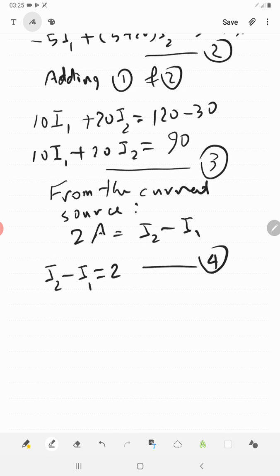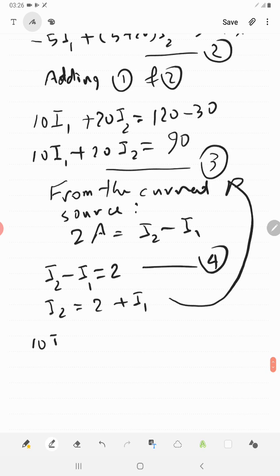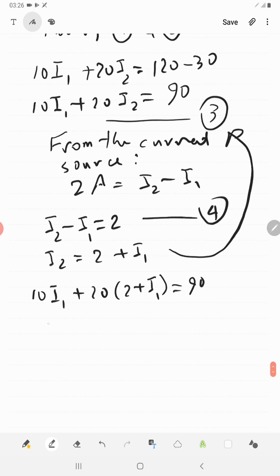So solve equation 3 and 4. We can solve it easily by substituting I2 is equal to 2 plus I1 into this equation. We'll get 10 I1 plus 20 I2, which is 2 plus I1, equal 90. So simply we say 10 I1 plus 40 plus 20 I1 equal 90.